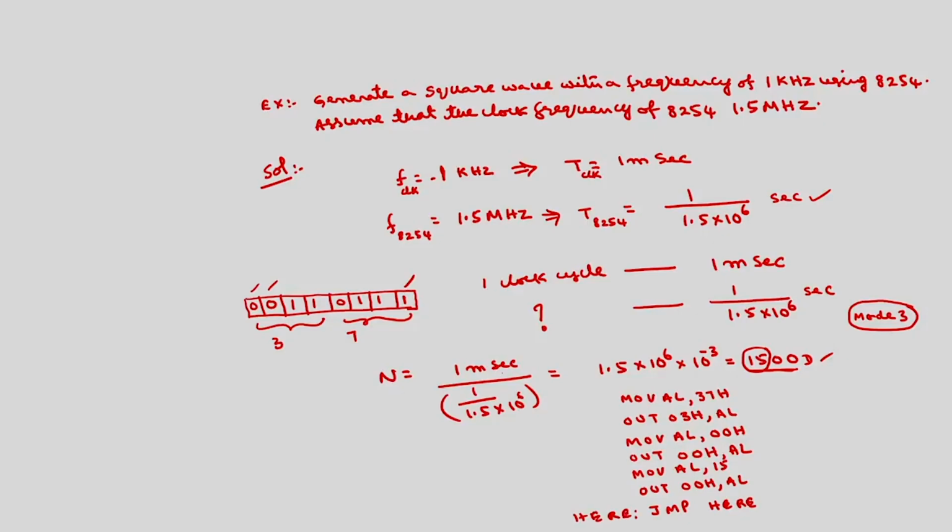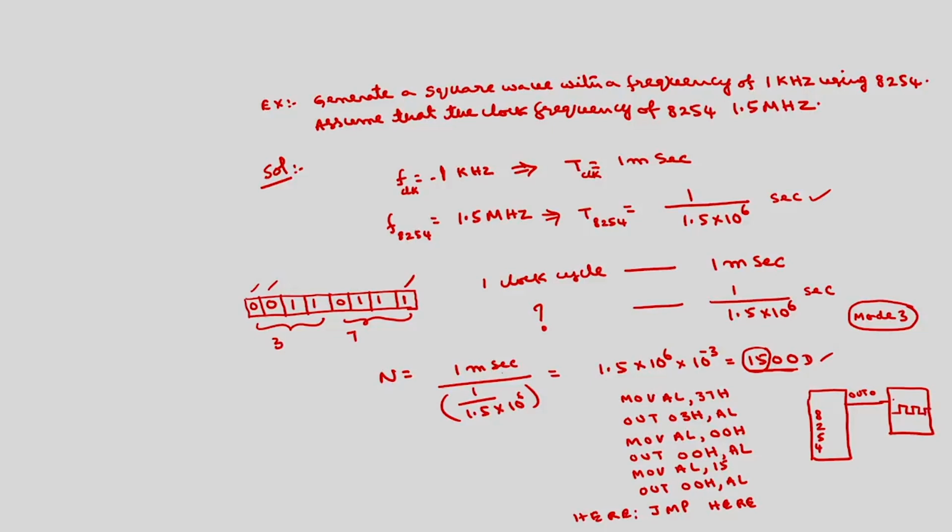So if you execute this program and connect this 8254 out 0, because I have used counter 0, out 0 to the CRO, we can observe a square wave with a precise, accurate frequency of 1 kilohertz.